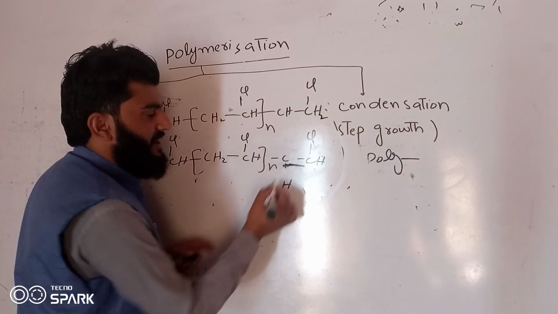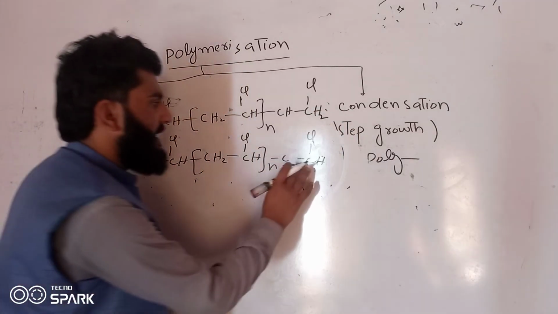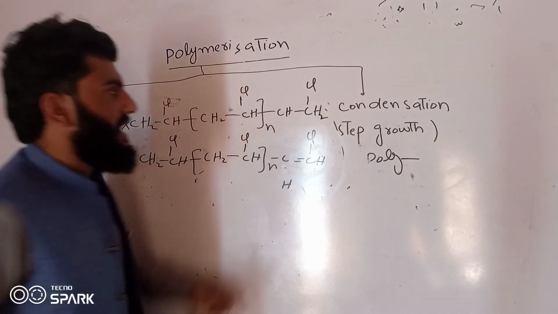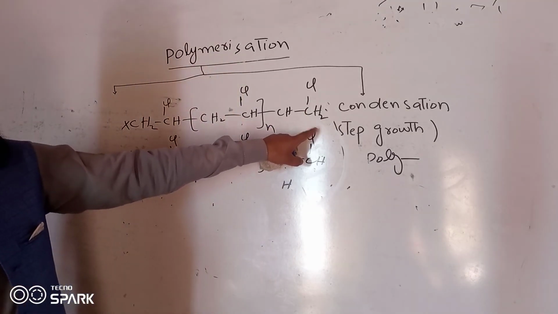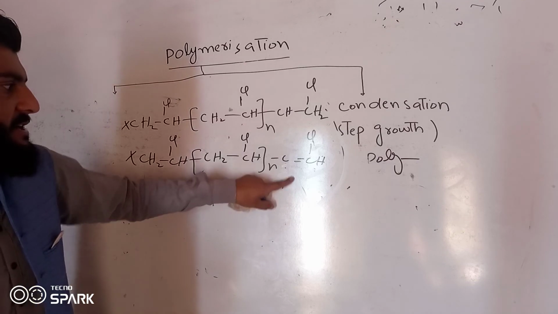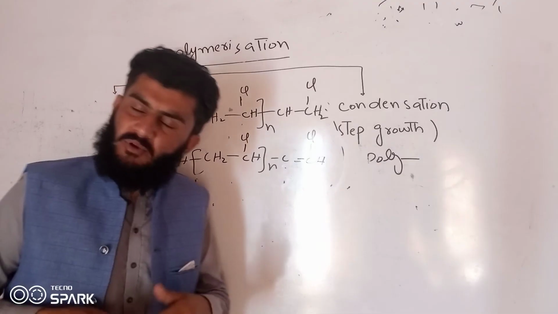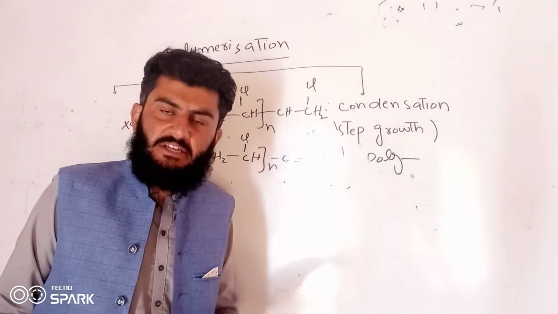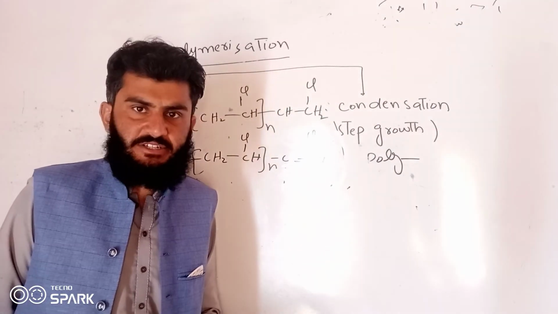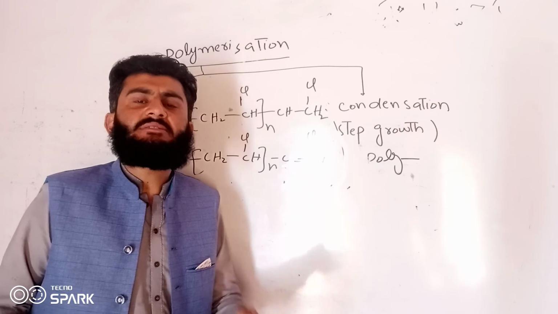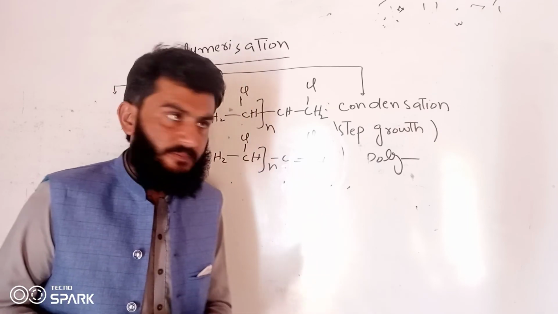A double bond is formed here, and the hydrogen from that point comes to that. Such a process is known as self-proportionation reaction. Self-proportionation means self-oxidation reduction.